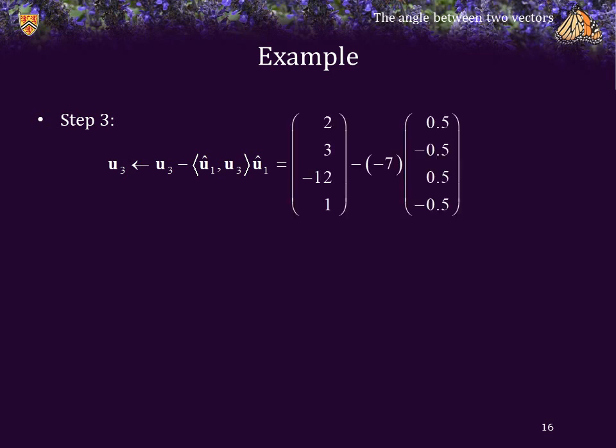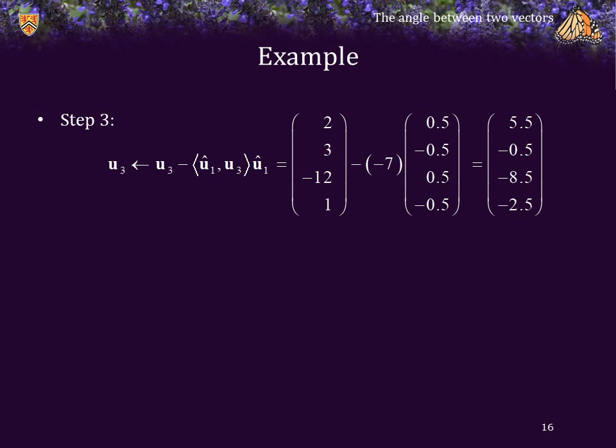So in this case, we have the vector u3. We calculate the inner product of u3 and u1 cap, which is -7. And so therefore we add 7 times the vector 0.5, -0.5, 0.5, -0.5. That gives us the vector 5.5, -0.5, -8.5, -2.5.